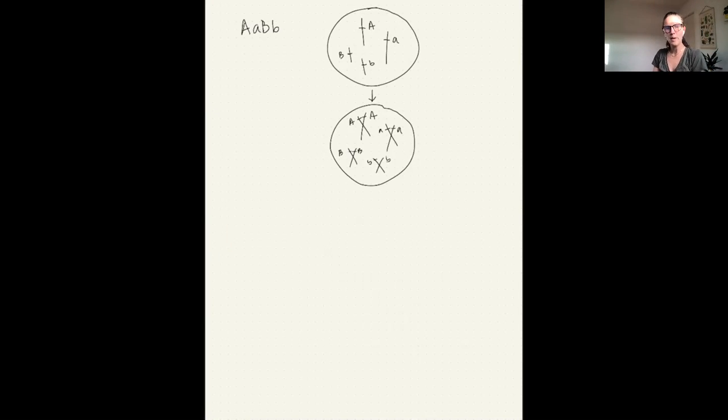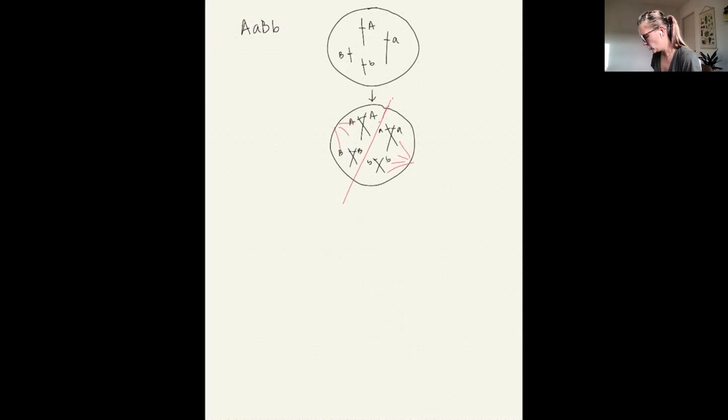Right? And then remember, the homologous chromosomes are going to line up at the metaphase plate. So I'm just going to say the metaphase plate is here because they're kind of already lined up. And our mitotic spindle is going to be there.